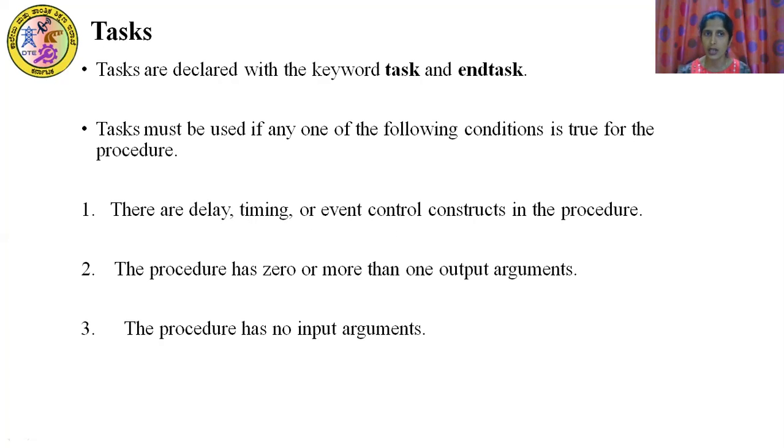Second condition is the procedure has zero or more than one output arguments. In that case also tasks must be used. Third condition is the procedure has no input arguments. In that case also tasks can be used.